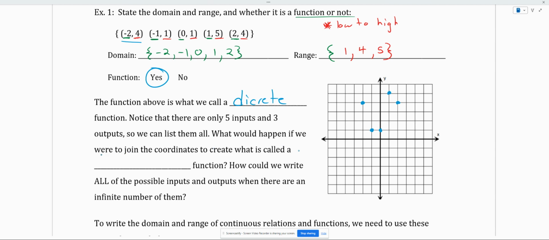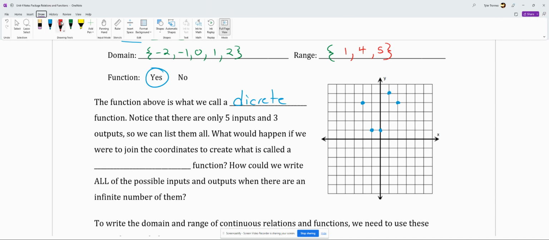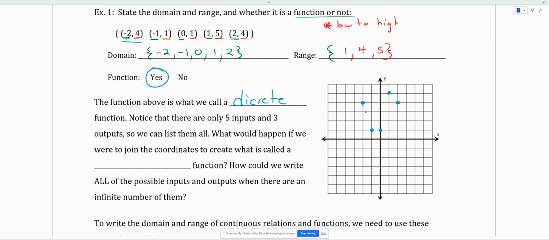And what would happen though if we connected these coordinates to create what's called a continuous function? So if we attach these somehow, I'm just going to do that with a dotted line. Let's say we attach these like that. We would be called a continuous function.